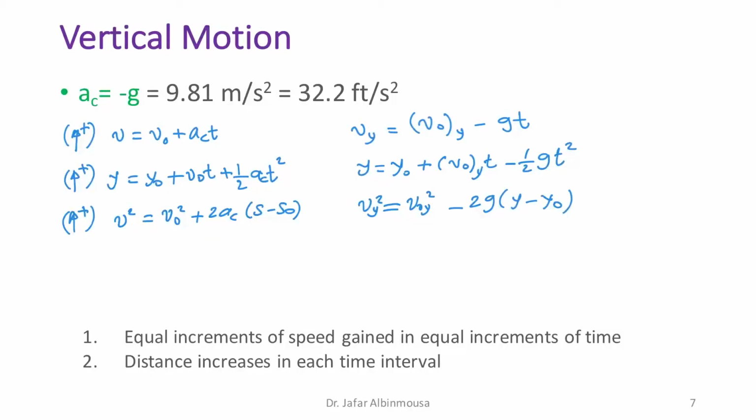So what we get is equal increments of speed gained in equal increments of time, and distance increases in each time interval. And that explains the ball motion on the previous slides that I showed you.